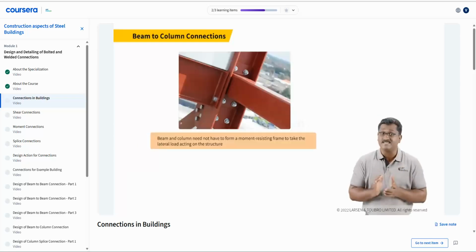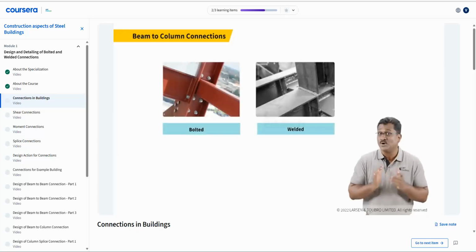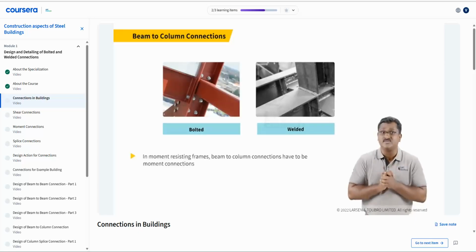That is, the beam and column need not form a moment resisting frame to take the lateral load acting on the structure. As we have already learned, in moment resisting frames, beam to column connections have to be moment connections. These connections can be either bolted or welded, selected based on the various factors we have mentioned earlier. We will look into the various beam to column connections in the subsequent topics.